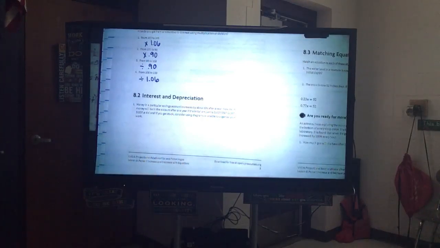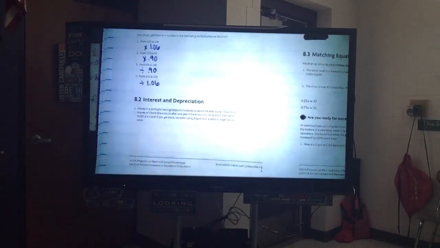If you get stuck, consider using a diagram or table to organize your work. Yesterday we worked with double number lines that might help you. This is my advice to you for this question, because as we all know, we like to overthink these problems. So try to keep it as simple as possible.